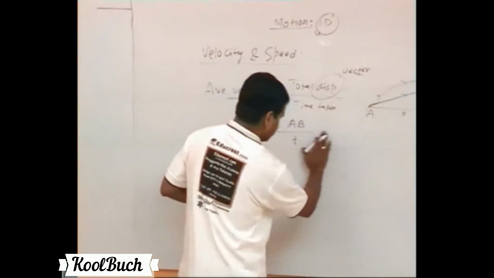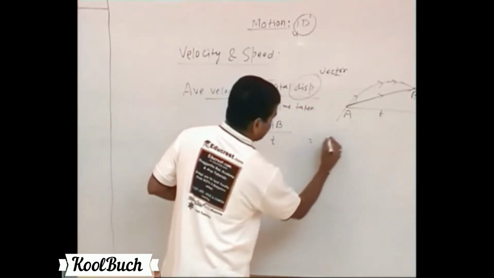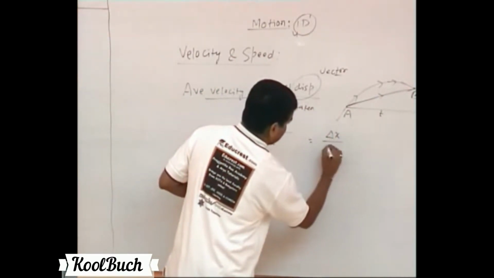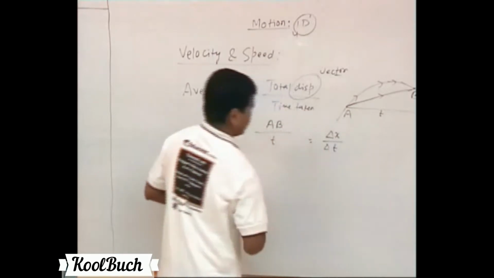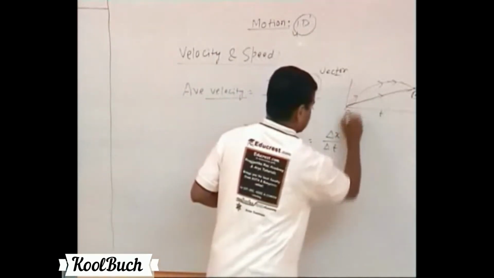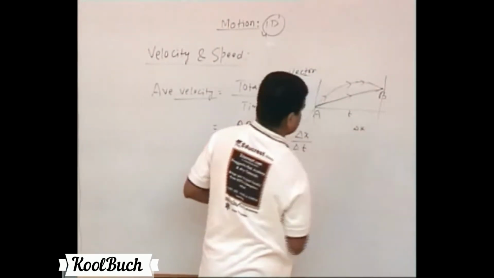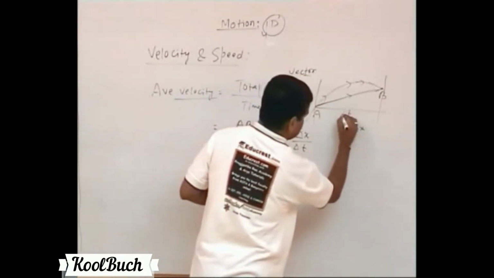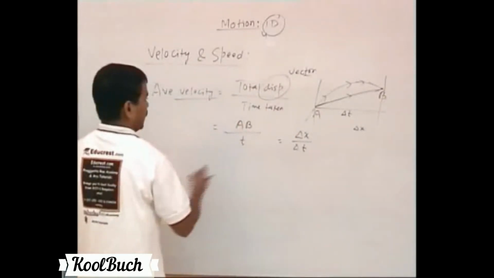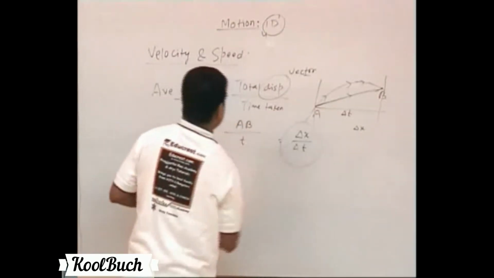It could also be represented as delta x by delta t. So basically this is nothing but delta x distance and the time is delta t, and this gives us average velocity.